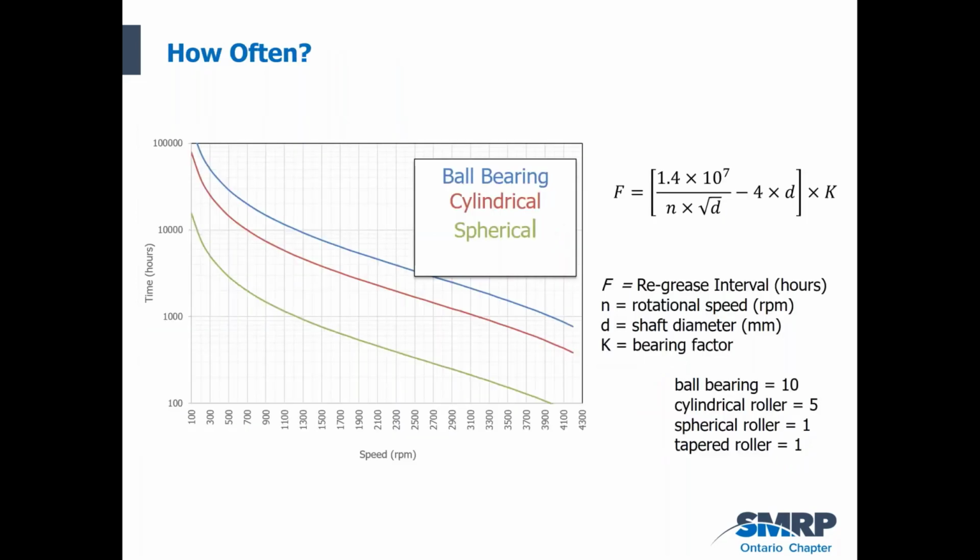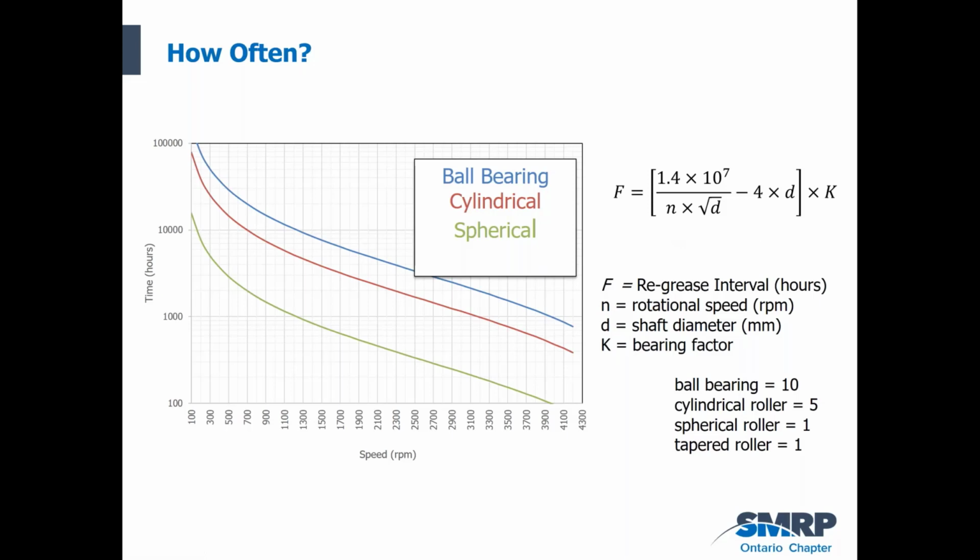Again, there's some simple math, some simple engineering that we can apply to this. This was developed many years ago by a lubrication engineer by the name of Tex Lugner, based out of Calgary, Alberta. And he came up with a simple formula that you can see on the right-hand side here, which essentially uses three inputs.